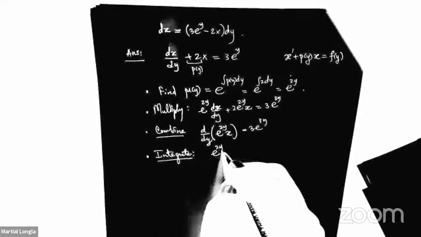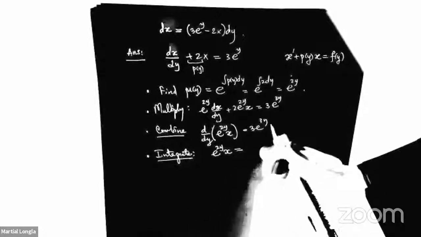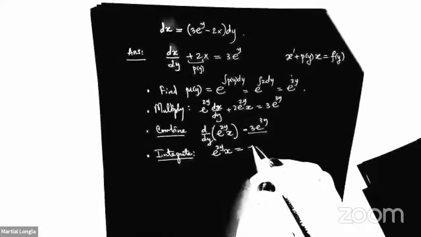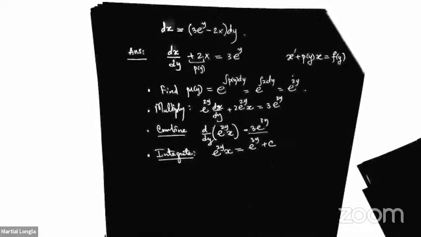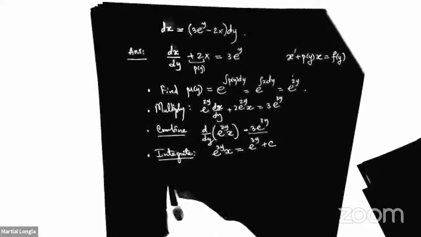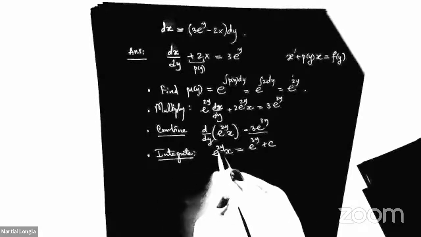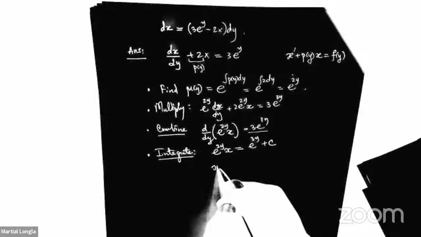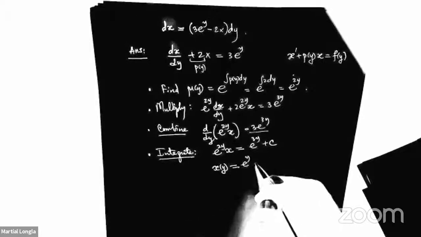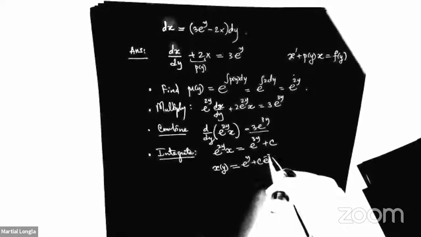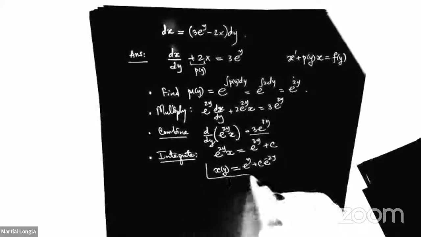So that's e to the 2y x equals, and the integral of this is just e to the 3y, but don't forget you have a constant of integration. And now you can divide by e to the 2y and get x of y equals e to the y plus c e to negative 2y. That's it.